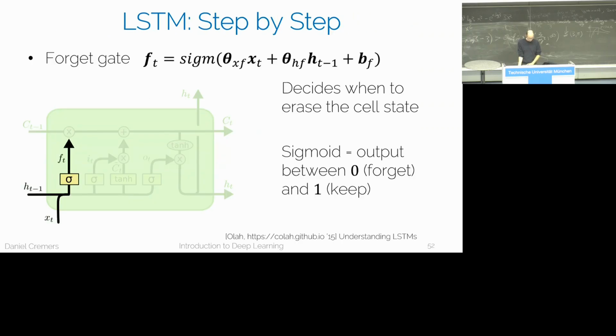And then the first gate is a gate that decides whether to erase the cell state or not. Right, so here comes in x_t, the input at time t, h_{t-1} is the previous state, and then b_f is a bias. And so here you see this linear combination of the input at time t, of the previous state and a bias, and then a sigmoid applied to it, f_t, and this is called the forget gate.